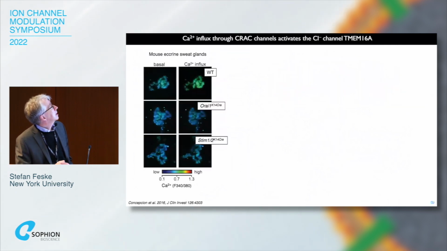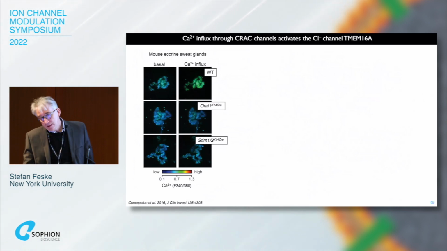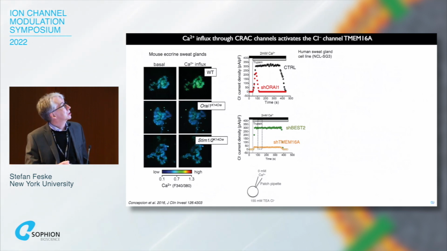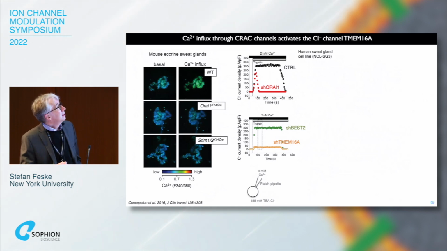We can measure calcium levels directly in excised sweat glands from the paws of these mice stimulated with acetylcholine. You see this typical Fura-2 measurement. Calcium is reduced. And then we thought, well, can we measure currents? What is this due to? So we took human sweat gland cell lines and knocked out Orai-1 by shRNA and stimulated the sweat gland cells with trypsin, which induces a chloride current in wild-type sweat gland cells.